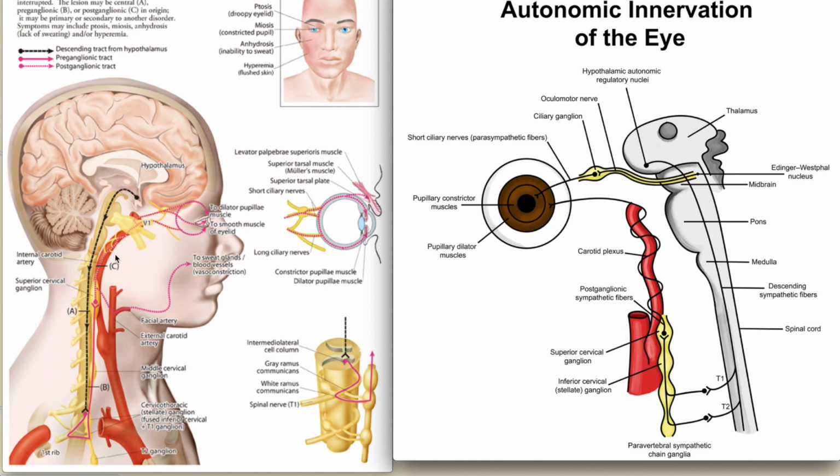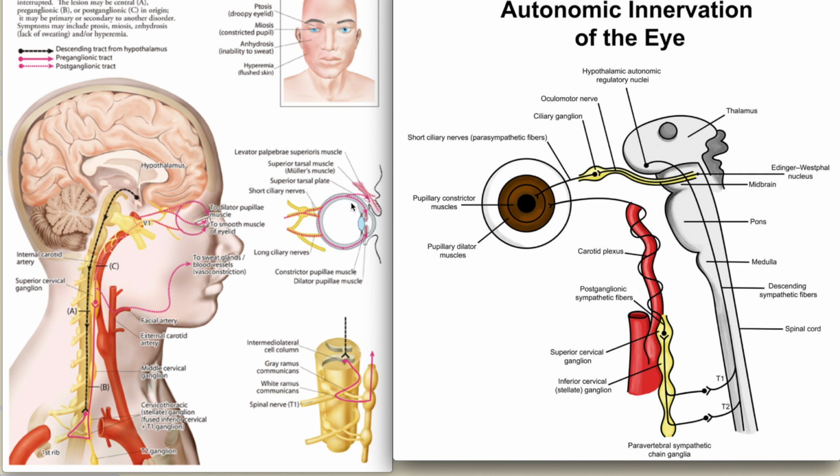Other branches that go off to the eye are shown here as parts of the superior tarsal plate coming off from the short ciliary nerves. The short and long ciliary nerves also come from the autonomic nervous system, which also comes from T1. These nerves innervate the levator palpebrae superioris muscle and also the superior tarsal muscle, or Müller's muscle.